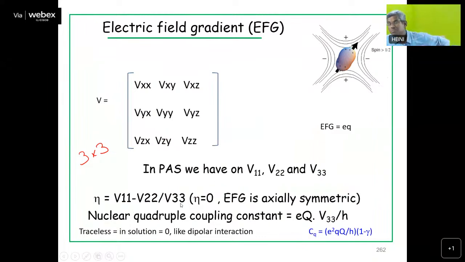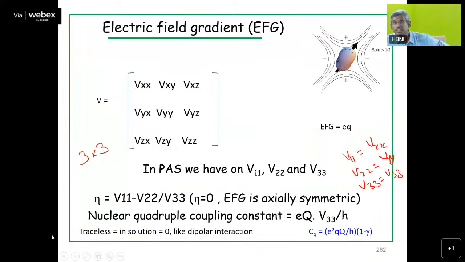Like whatever we have mentioned for chemical shift, it is sigma 11, sigma 22, sigma 33. So here it is V11, V22, and V33. So if you take the ratio of V11 minus V22 by V33, because always V33 is nothing but Vzz. Let me clarify: V11 is nothing but Vxx, V22 is nothing but Vyy, and V33 is nothing but Vzz.